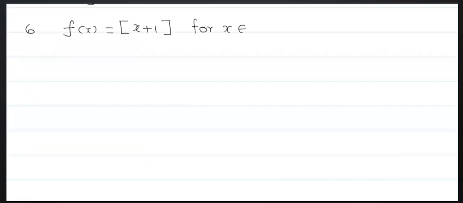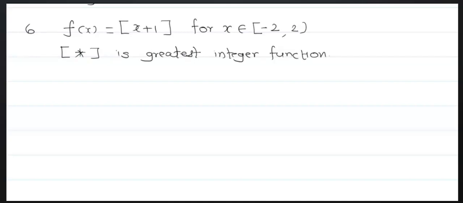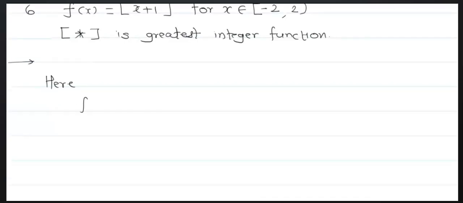f of x is equal to the greatest integer function, that is, x plus 1 for x belonging to the closed interval minus 2 and open interval 2. 2 is not included there. This is the greatest integer function.